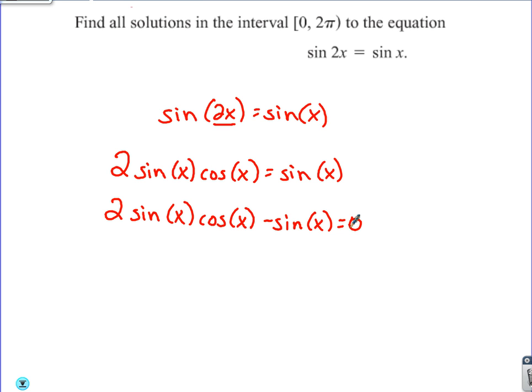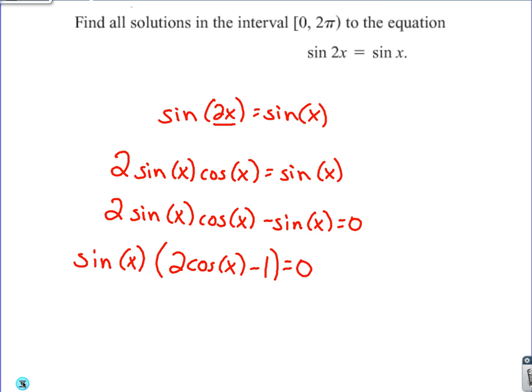So watch what I can do. Take this sine stuff here and here and factor it out. The sine of x times 2 cosine x minus 1 is equal to 0. I've separated it. I've kind of filtered out that sine.